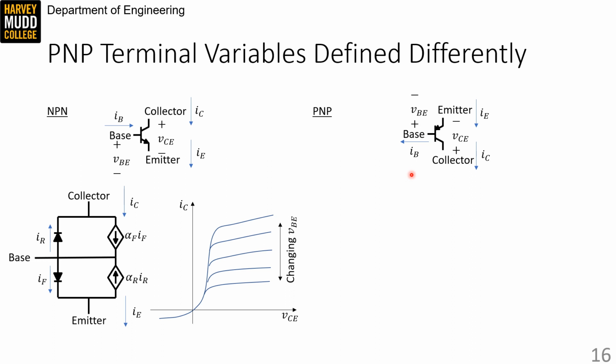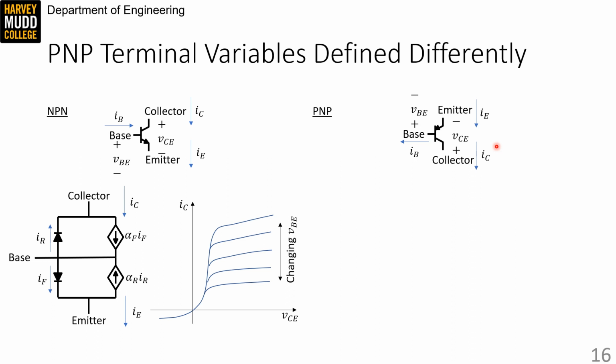The currents have switched directions, so current flows into the emitter and out of the collector and the base. And the base emitter and collector emitter voltages are now upside down as well. So they're increasingly positive as the base drops below the emitter and as the collector drops below the emitter. We picked this arrangement because the PNP transistor is turned on by lowering the base voltage below the emitter voltage.